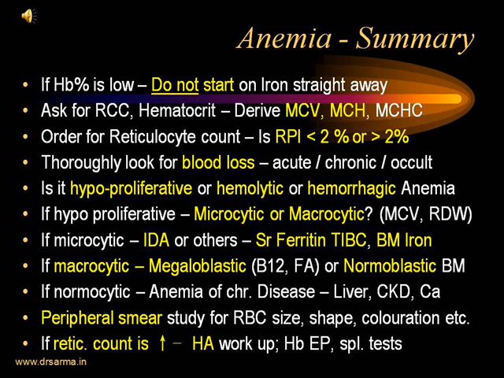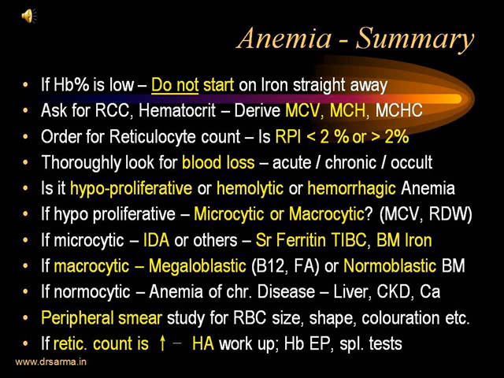Then immediately ask for the red cell count, the hematocrit, and derive the indices MCV and MCH to say whether the patient has hypochromic microcytic, macrocytic or normocytic anemia. MCHC also can be calculated to identify hereditary spherocytosis.